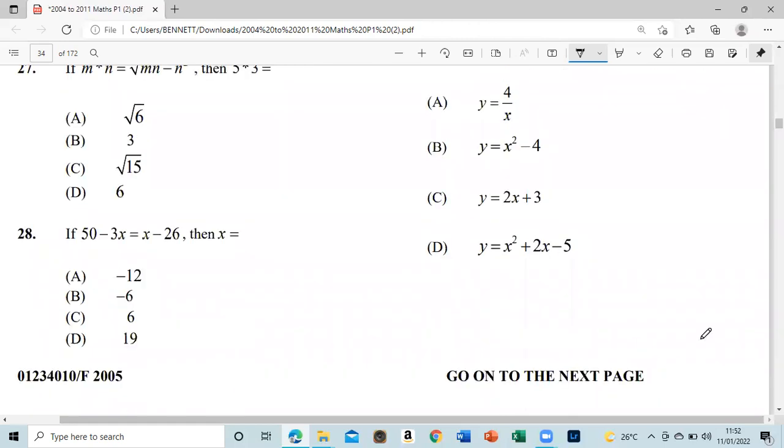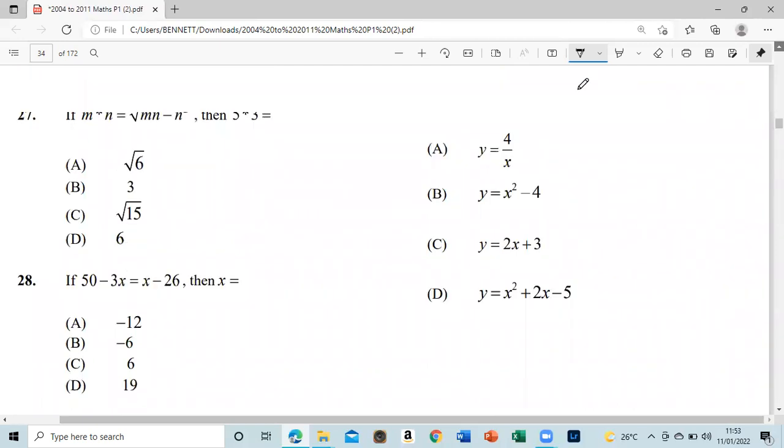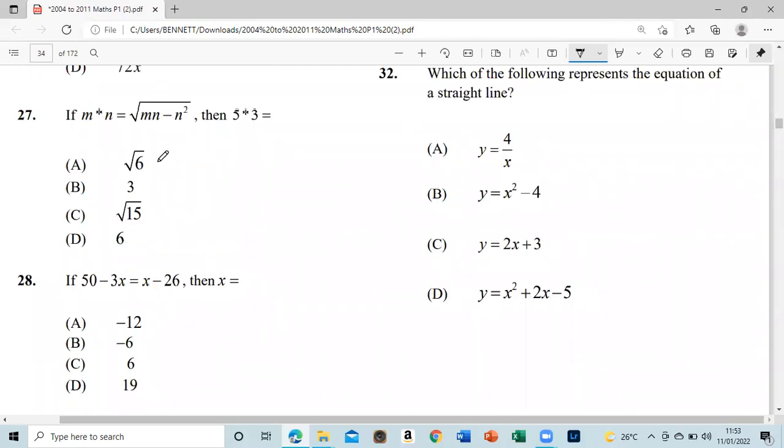All right, so number 27, we're going on fine. We're almost halfway there. If m asterisk n is equal to mn minus n squared and 5 asterisk 3, so all we have to do, guys, is just do what the rules say. The rules say we're supposed to make m equal to 5 because it's the first one, and n equal 3.